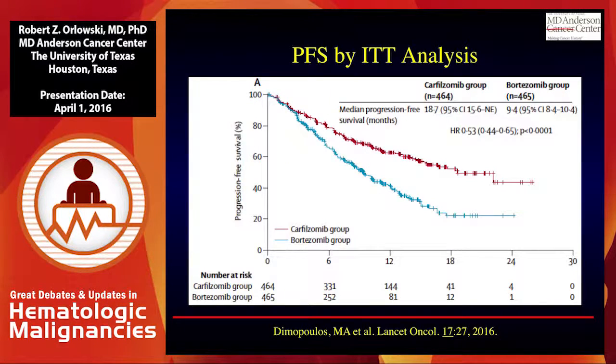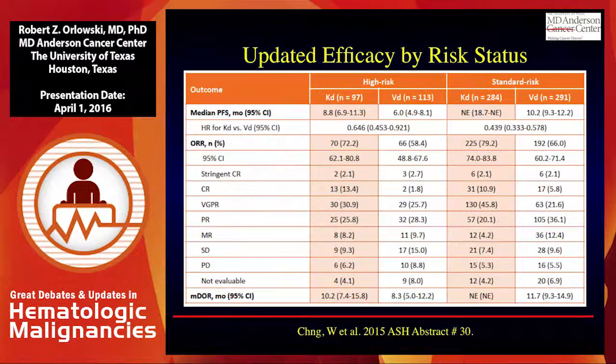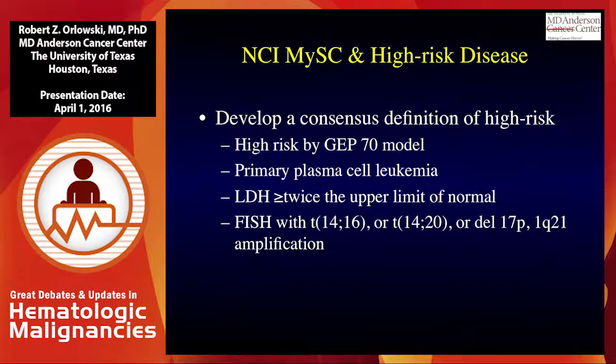Once again, there was evidence that high-risk patients don't do as well as standard risk patients, even with proteasome inhibitors, which we think are part of the solution, at least, to high-risk disease. And here's some updated efficacy data, which again shows that, unfortunately, the high-risk patients, even with our current best therapies, don't do quite as well.